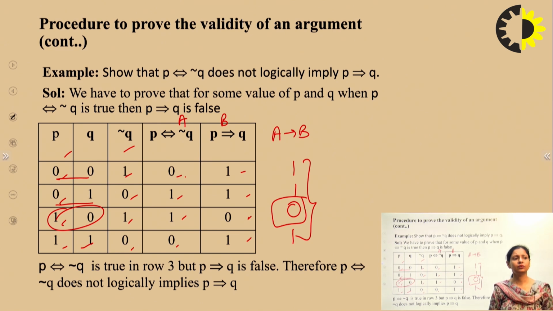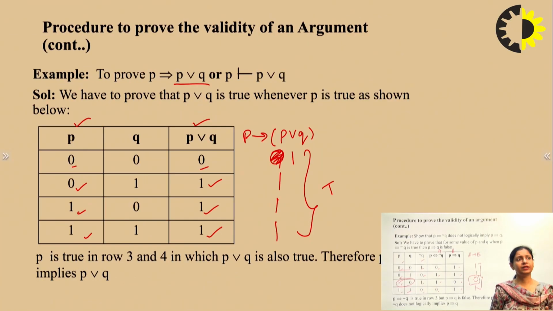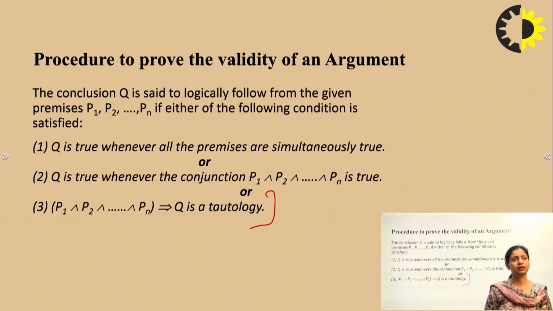So, this is how we calculate the validity of an argument using the truth table. The validity of an argument is determined when we have a set of propositions given to us. We do the AND operation of them.